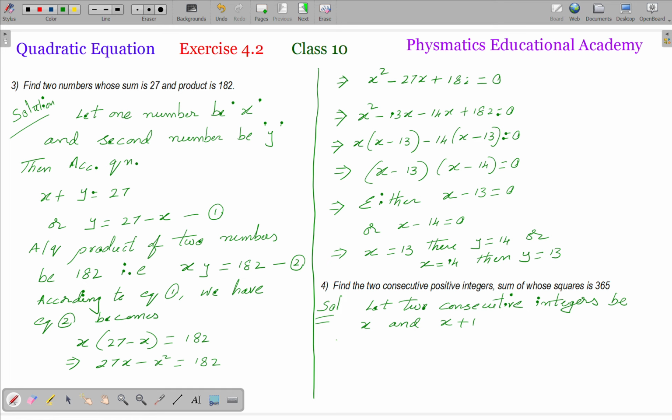According to the question, x square plus x plus 1 whole square is equal to 365. That is, the sum of whose squares is 365.